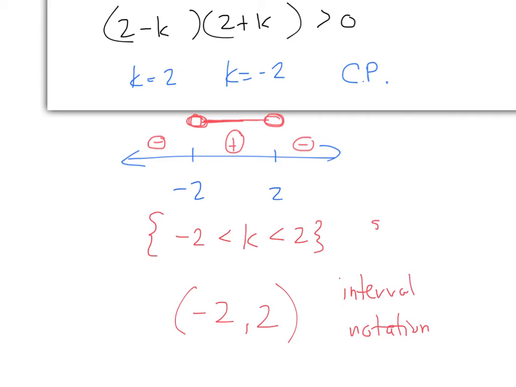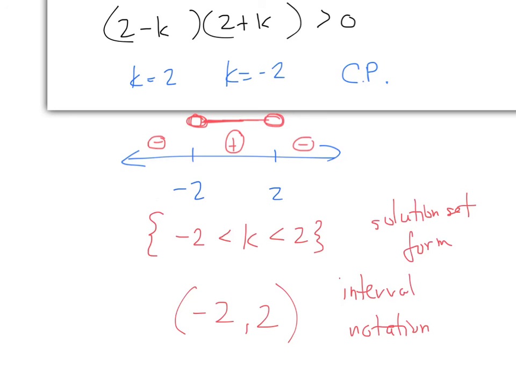This is solution set form. Same answer. This is telling me from negative 2 all the way to 2, not including the endpoints. These parentheses come from the fact that these are just less thans. Had they been less thans or equal to, there would be brackets right here instead of parentheses.